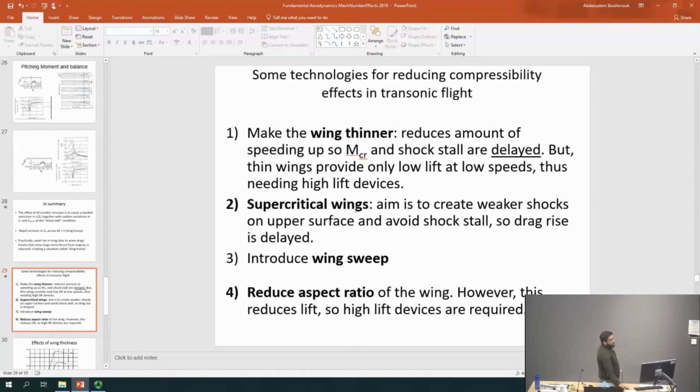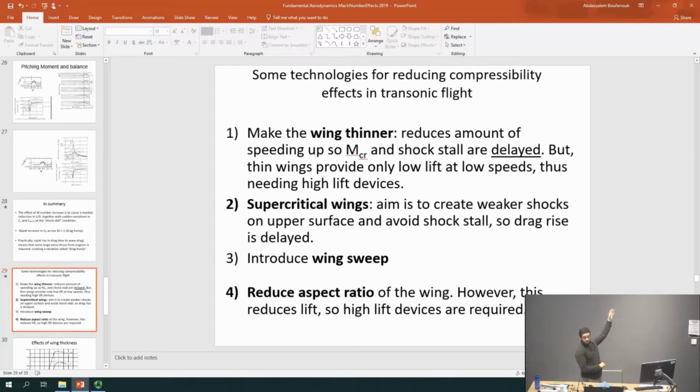Number two is using supercritical wings, and we'll discuss this in a few minutes. Again, they try to create weaker shock waves, so it gives you the lift you need, but also gives you less drag. Number three is using wing sweep. And I'm sure for all of you flying to your holidays over the summer, you will see that virtually all modern aircraft, transport aircraft, have swept wings.